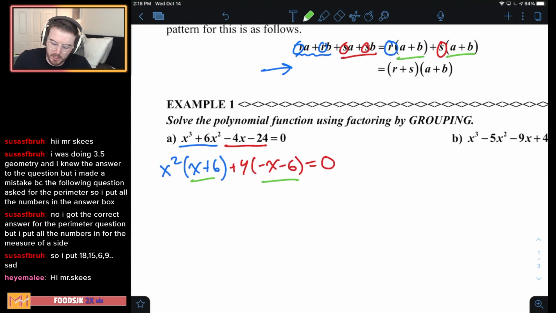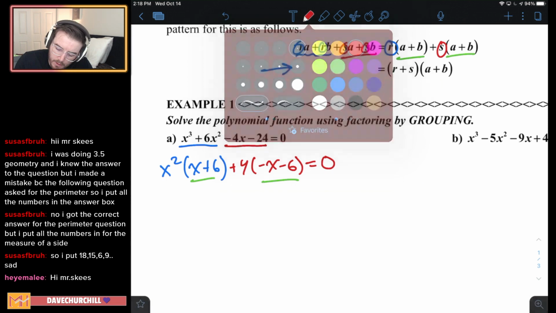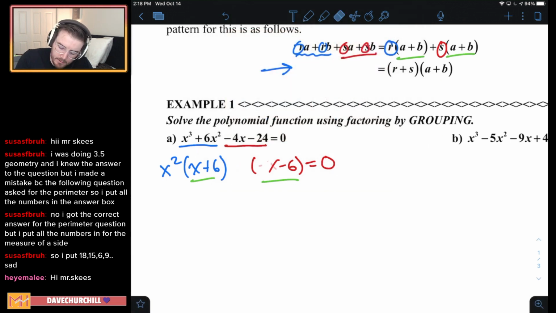It's off by a little bit. Well, what should we do then? Take a look at what I pulled out here. I pulled out a 4. What if I pulled out a negative 4? Then I'm left with x plus 6.